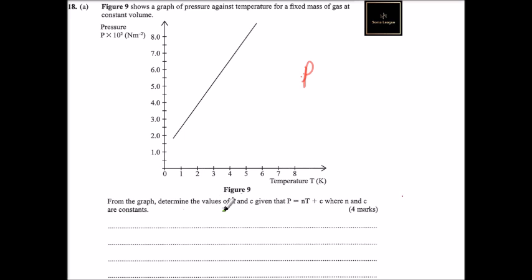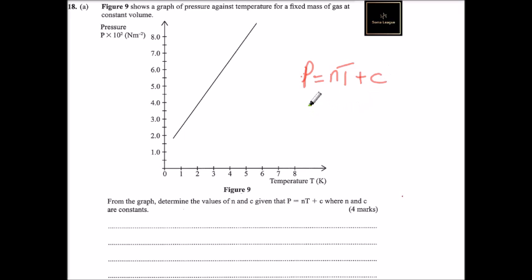So from the graph, determine the values of N and C given that P equals NT plus C, where N and C are constants. So that's what I was trying to explain, that pressure partly varies with temperature and partly constant. So that is where we are getting this relationship.